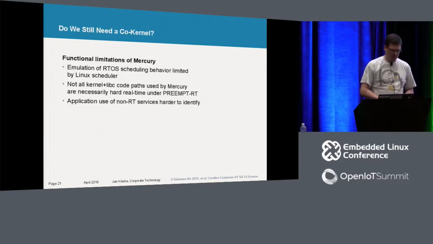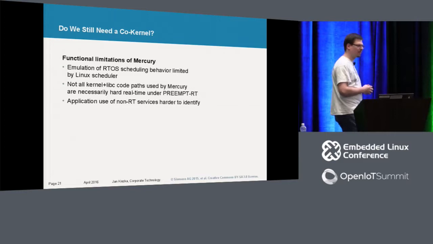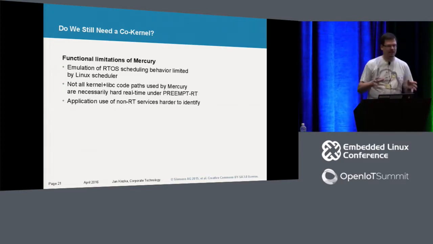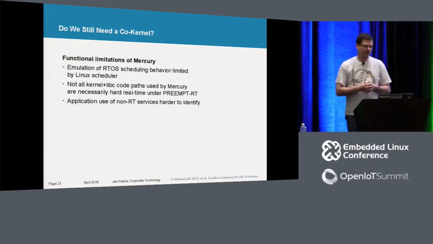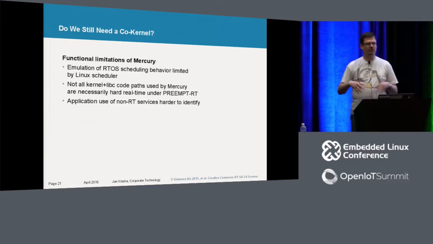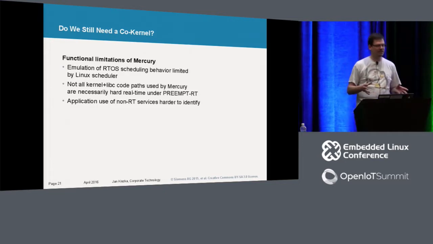So you may wonder now, why do we still need a co-kernel approach? And that's, well, due to 2 major aspects. First of all, this layer called Mercury, this native layer, still has some functional limitations. You can't emulate all the scheduling behavior of your beloved old real-time operating system over the Linux scheduler. There are limitations.